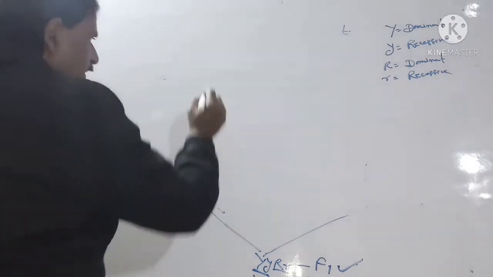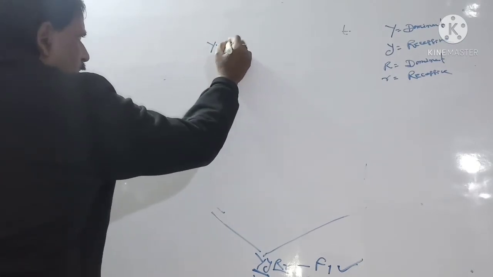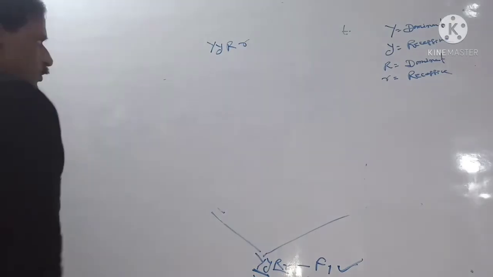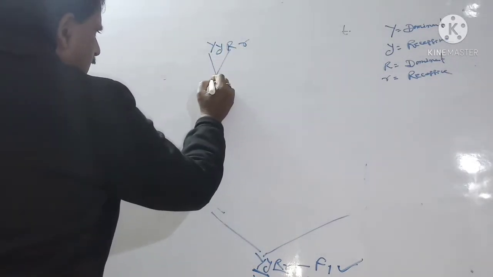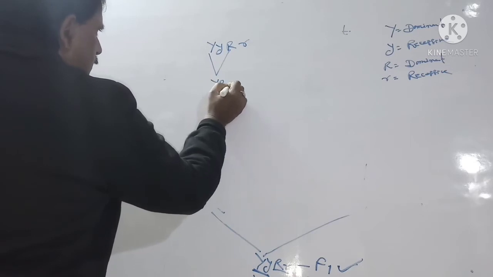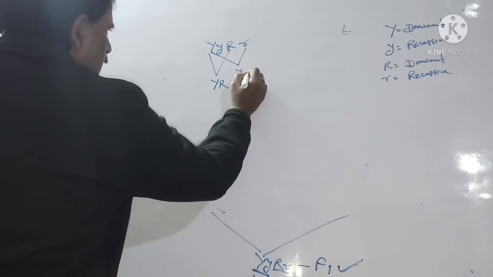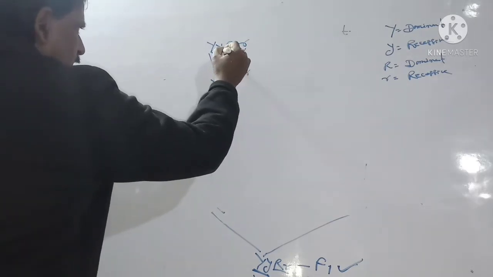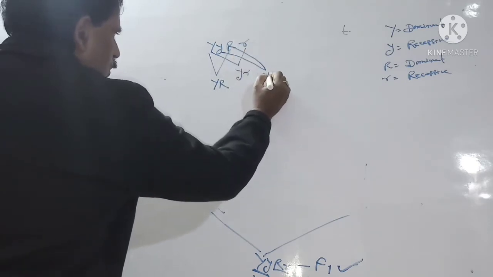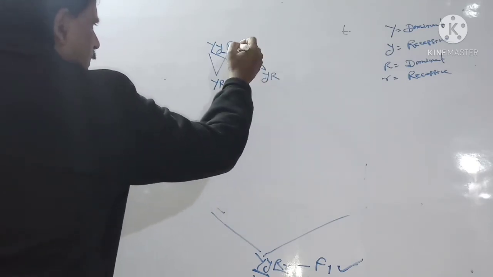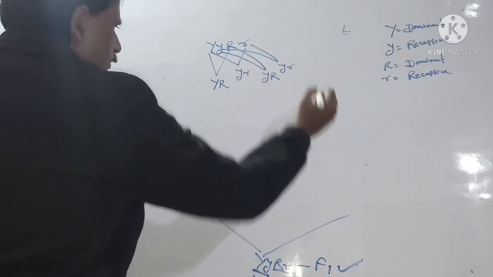The F1 generation is capital Y, small y, capital R, small r. The gamete formation is capital Y, capital R, capital Y, small r, small y, capital R, and small y, small r.